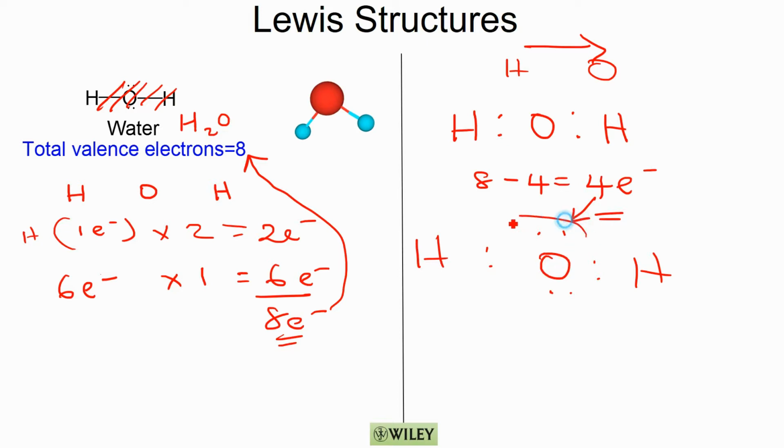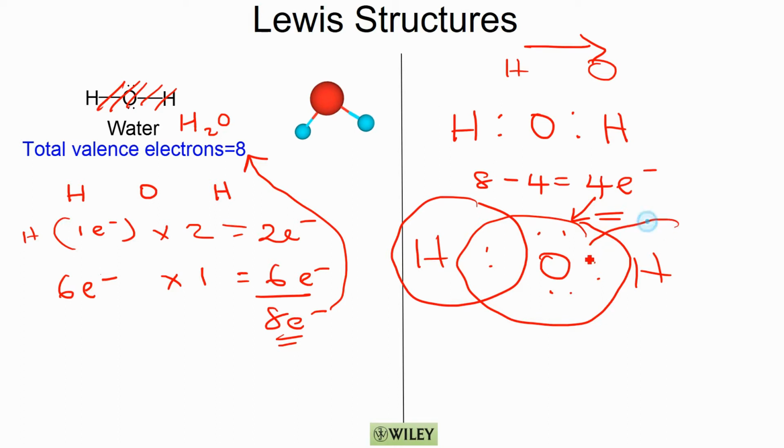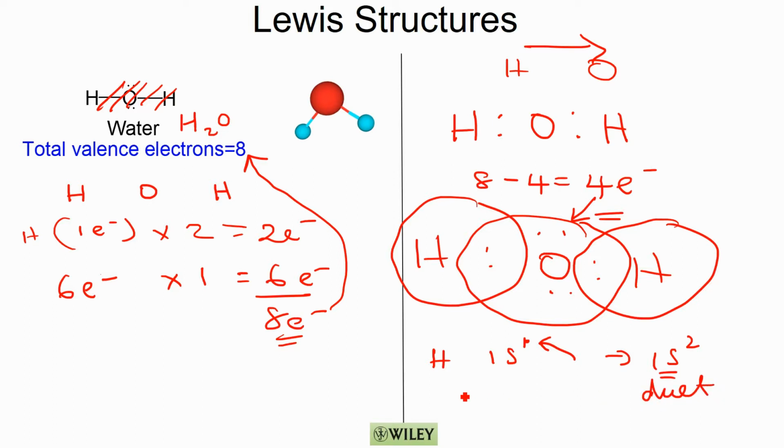Now you see oxygen is happy, it's an octet, and the hydrogens are also happy, they are duets. Now remember, hydrogens can never be octets because a single hydrogen has 1 electron, electronic configuration 1s1. All it needs is 1 extra electron to become 1s2, which is a fully filled orbital, so we call that a duet state. You only have 2 types.